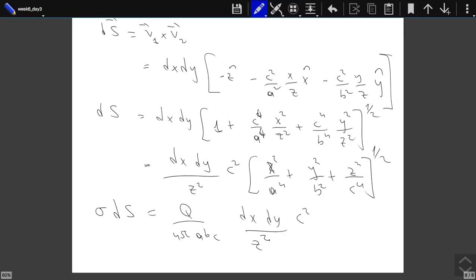And then you need to evaluate this integral. Still it won't be a very trivial integral, but nevertheless much simpler than what it looks like, because all those square roots are now gone. If I were you, I would just make a change of variables. I would set dx equal to a times du, dy equal to b times dv.